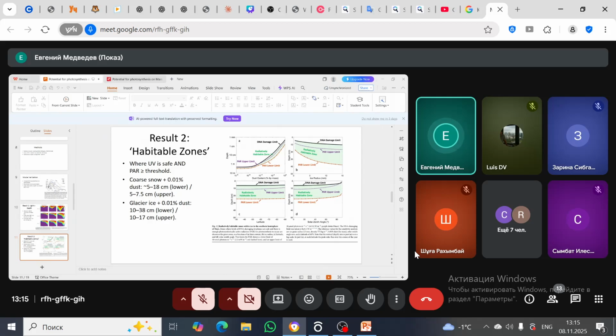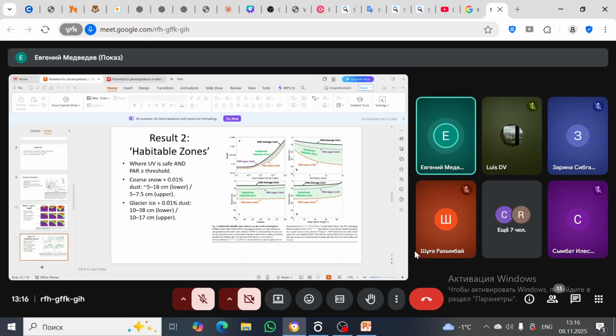But these bacteria still need liquid water and temperature above 255 kelvins for cell division. The modeled shallow zones can sometimes reach those conditions, but only seasonally. So photosynthesis is not impossible. It is conditional and episodic.